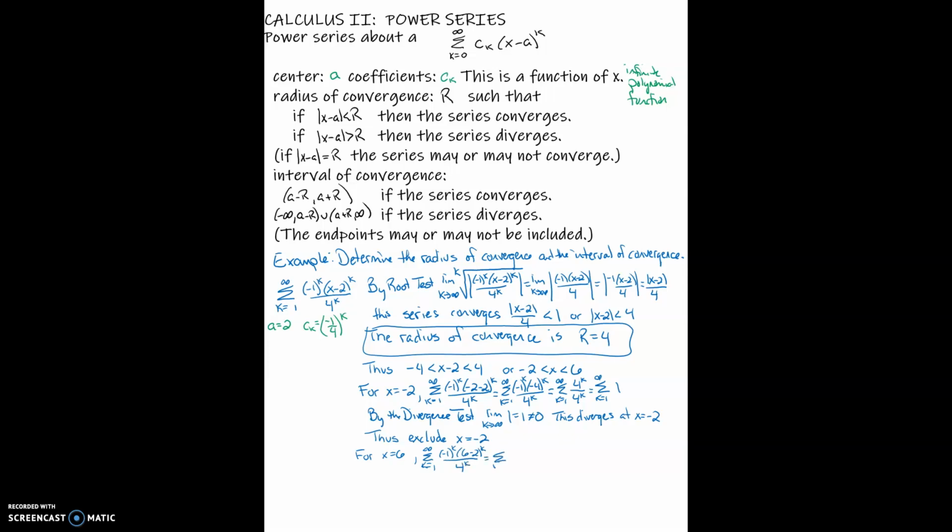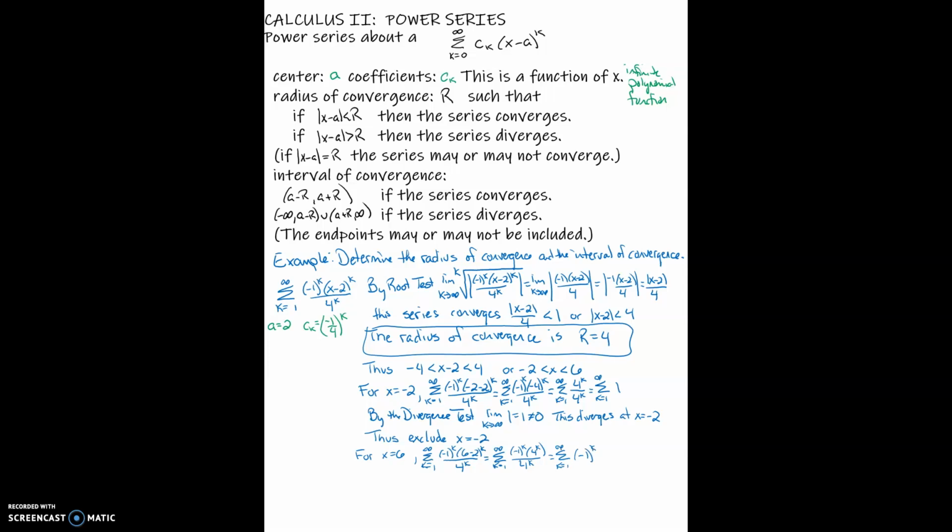Again, we can simplify this a bit before looking at how this converges or diverges. Reduce some stuff and we end up with just the series being negative 1 to the k.